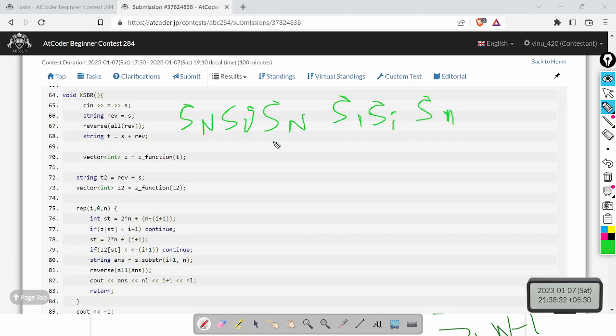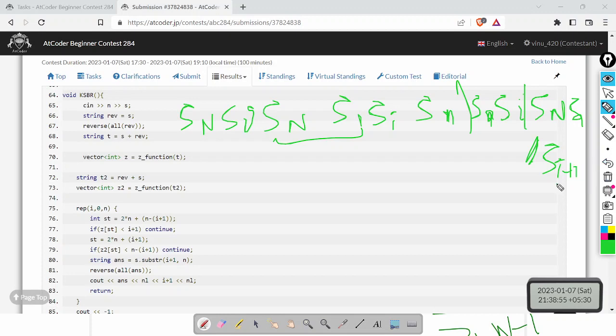Right, so this is in reverse order, and then we will append t, the original string t. This is not s, this is t. So the original string is starting with s0 to s1 to si characters, and then s1 to sn to s1, and this si+1 to s1.